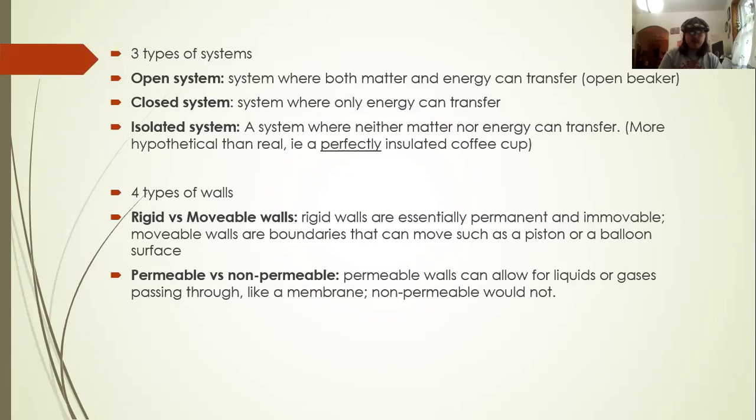And we can also have membranes, permeable versus non-permeable. So permeable walls can allow liquids or gases to pass through. Non-permeable walls will not. So we could have permeable and rigid, permeable and movable, non-permeable and rigid, and non-permeable and movable walls. We're going to assume they're rigid and non-permeable unless stated otherwise.